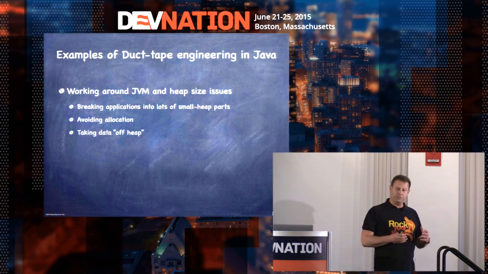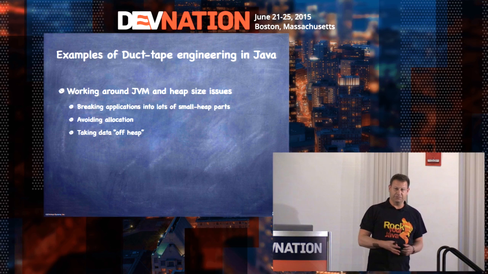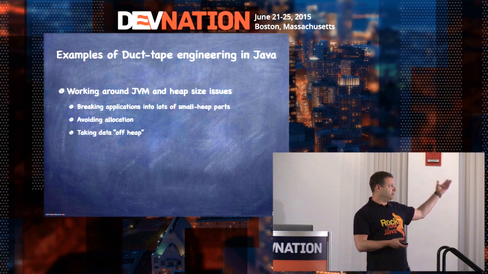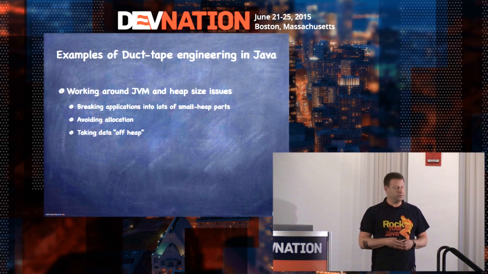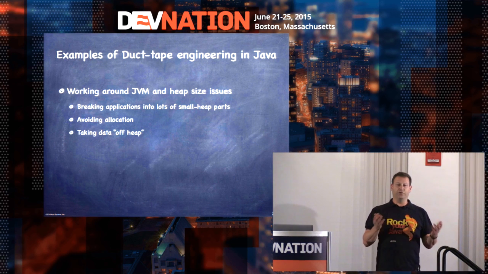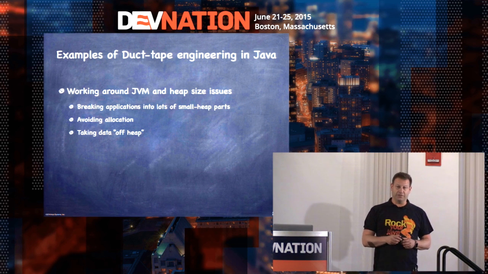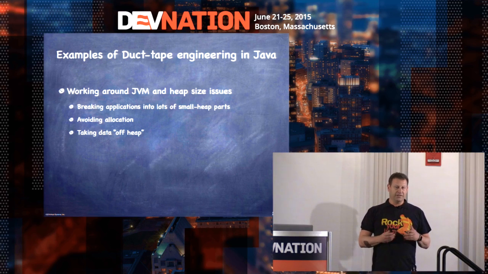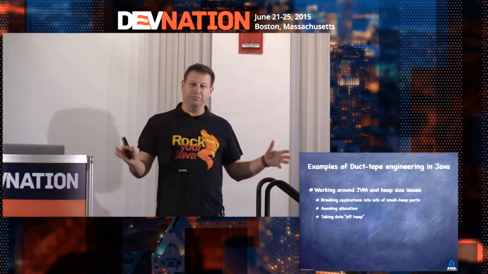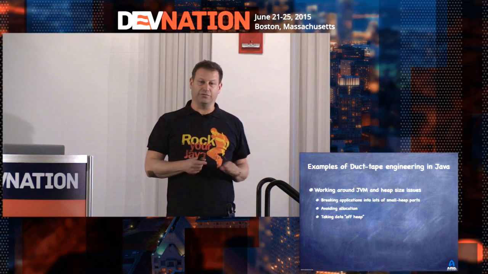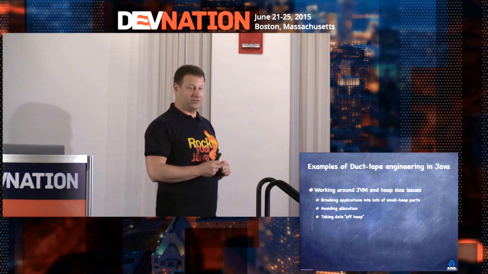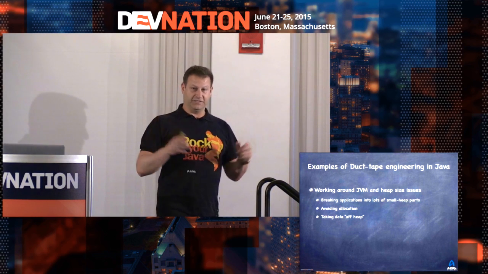And the kind of things we do to work around the practical limitations of heap size in Java are breaking applications into lots of little pieces, even though they run in one computer. We do things like avoiding or reducing allocation with object pooling and interesting architectures, trying to avoid mid-size objects, imagining that the whole world is either die young or stay on forever, and thinking that anything else like a cache is non-existent.